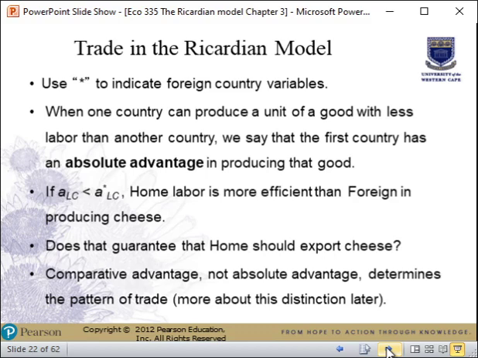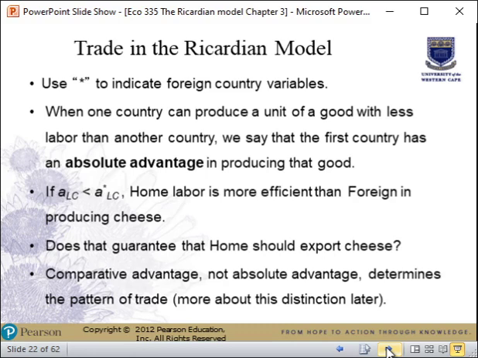In such a case, the theory of absolute advantage does not outline how mutual benefits from trade can be achieved. This is the problem that David Ricardo resolved using the concept of comparative advantage.